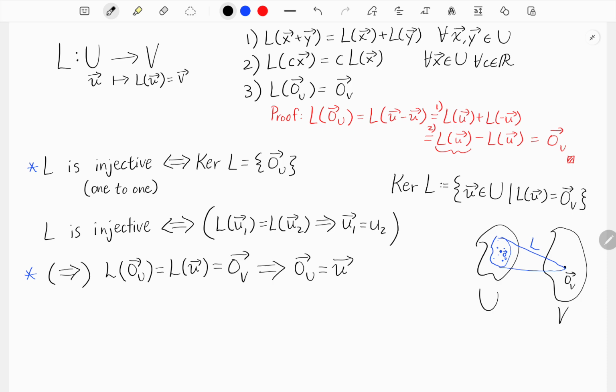So what does that mean? It means that if you give me any arbitrary u, I don't know what u is, and L of u is also 0v, then we get that u is 0u.